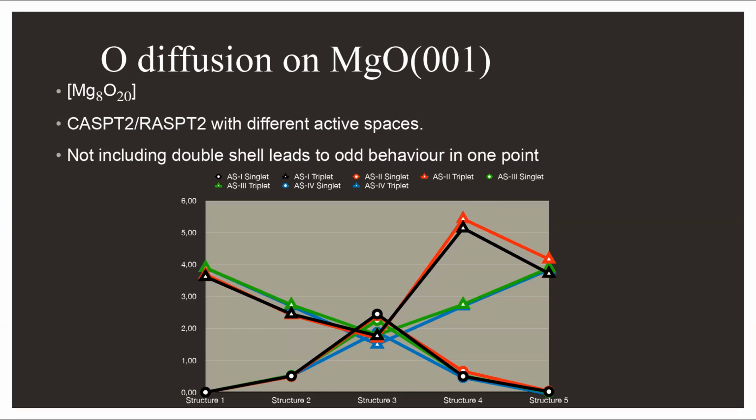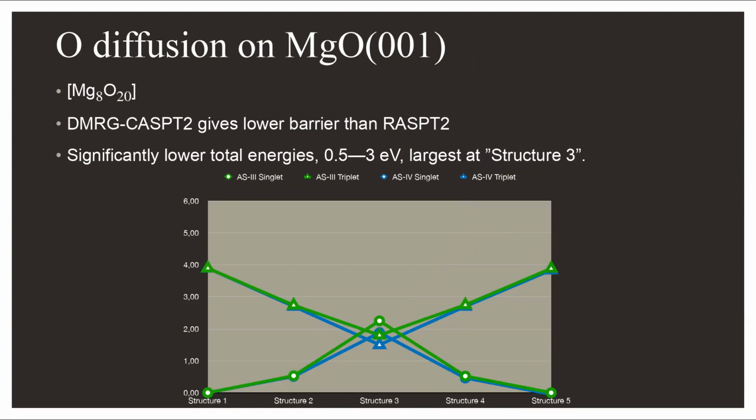But if we focus on the green and the blue curves, which are for this double shell active space using either RAS-52 or DMRG CAS-52, then you can see that you have a smooth curve. So that's good. But you can also see that they do not perfectly match. And as far as I can tell, this is due to the fact that the DMRG wave function is simply a lot better around the transition point.